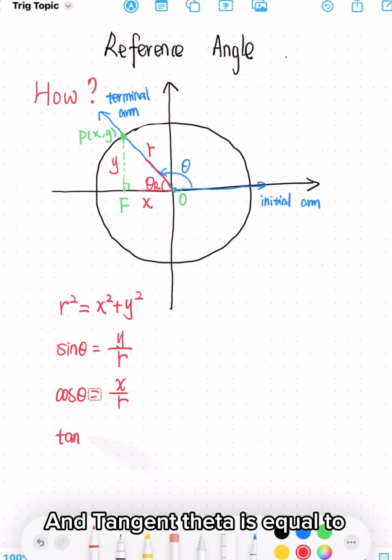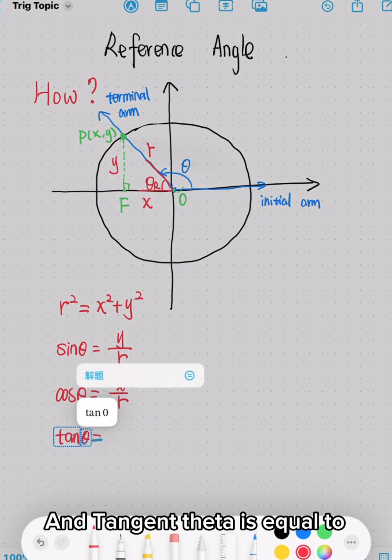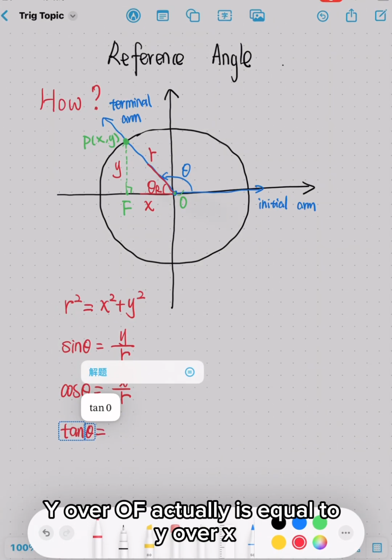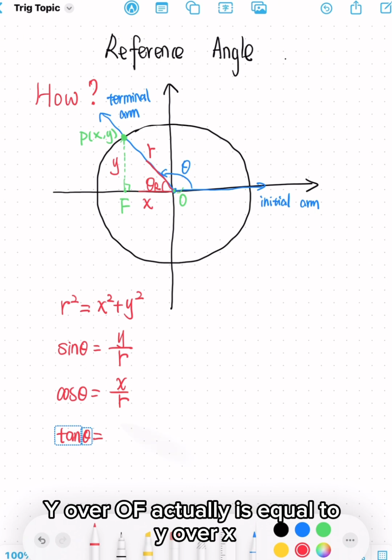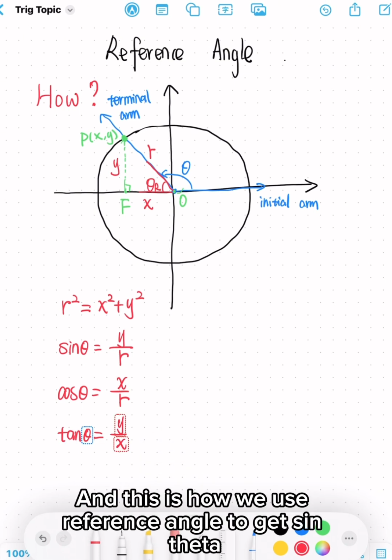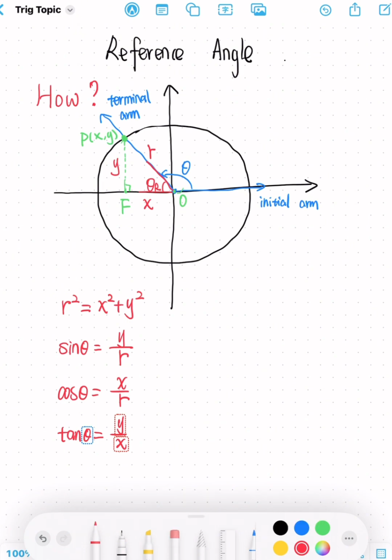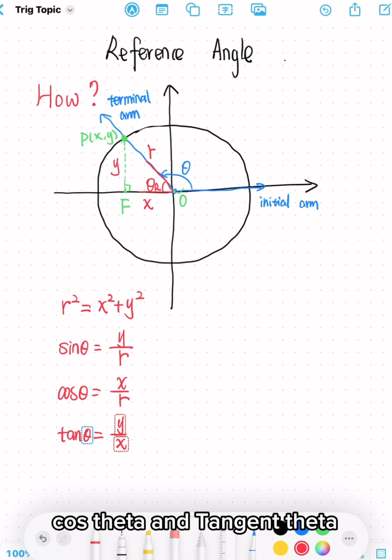And tangent theta is equal to y over x. This is how we use the reference angle to get sine theta, cosine theta, and tangent theta.